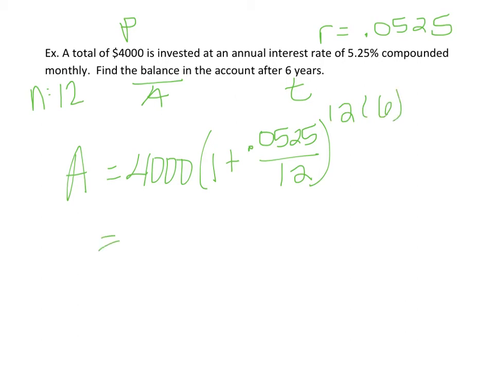Plug all that in and I get $5,477.27. Don't ever round that number up. In a bank, they're not going to give you more money for rounding. You always just truncate it after 2 places. So in this problem, I grew my money from $4,000 to almost $5,500 over the period of 6 years.